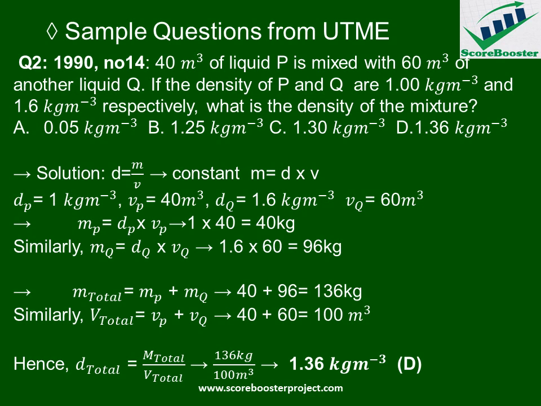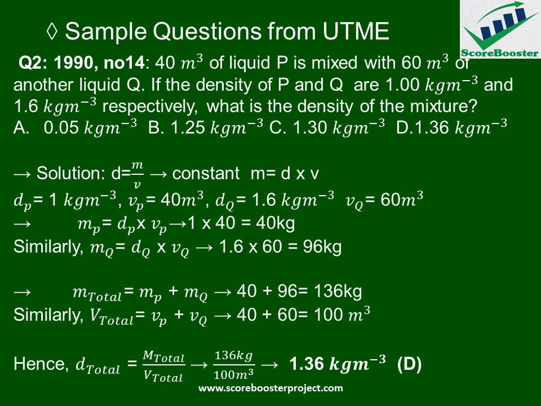So you have option A to be 0.05 kg per meter cube, option B to be 1.25 kg per meter cube, option C to be 1.30 kg per meter cube, while option D is 1.36 kg per meter cube.